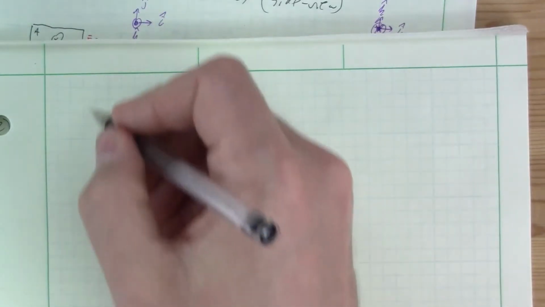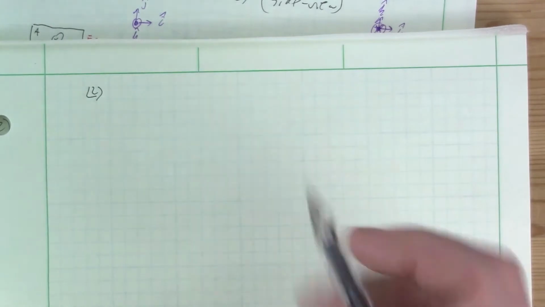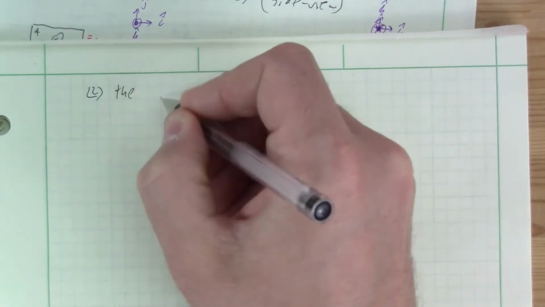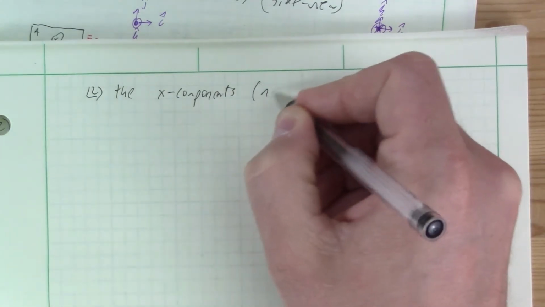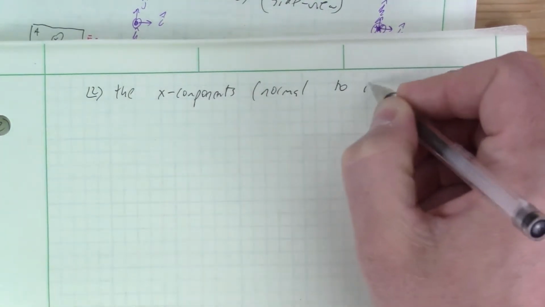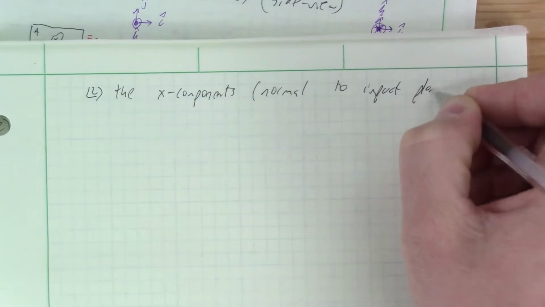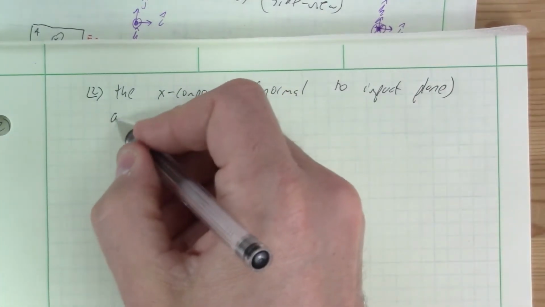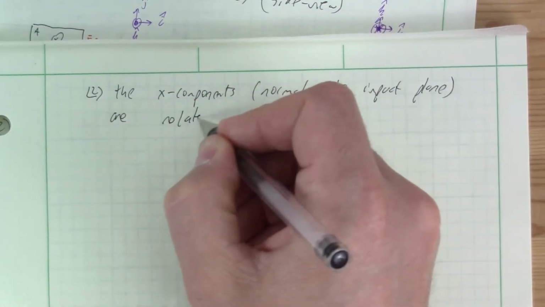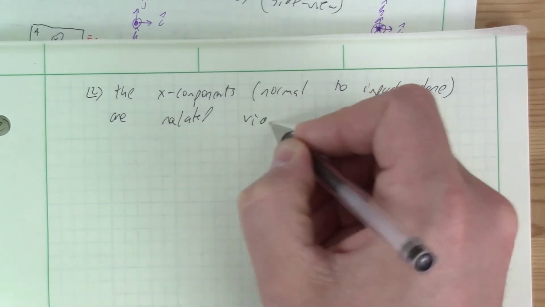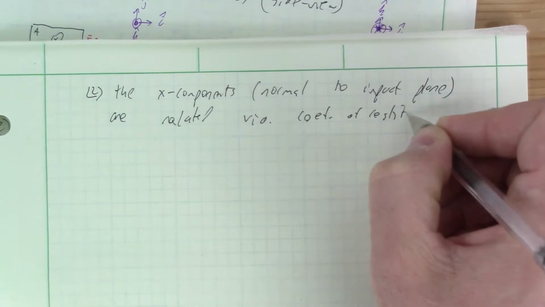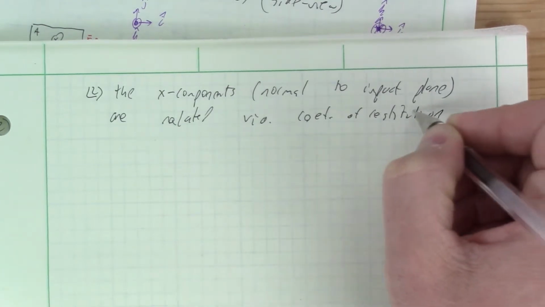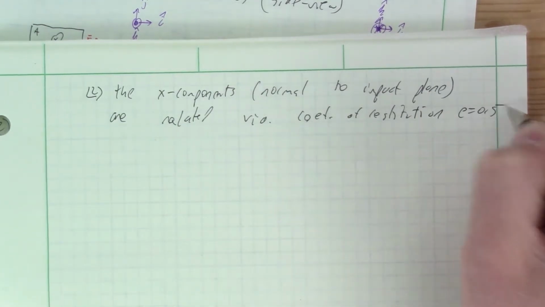Okay, so we'll come back to that right now. We're going to use those calculations, knowing that the x components, this is normal to the impact plane, are related via the coefficient of restitution, e equals 0.5.